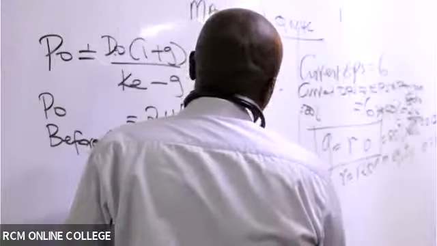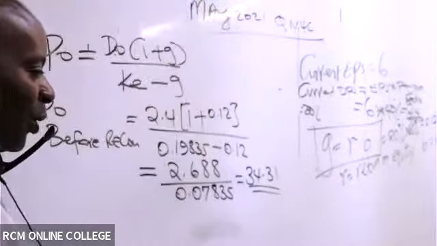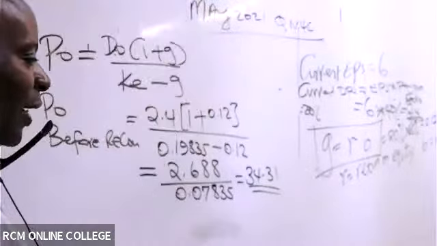34.31. So that is P0 before what? Reconstruction. How about P0 after reconstruction?